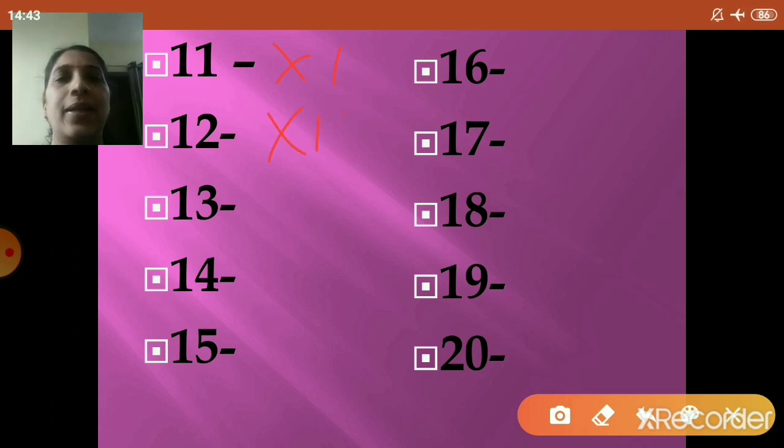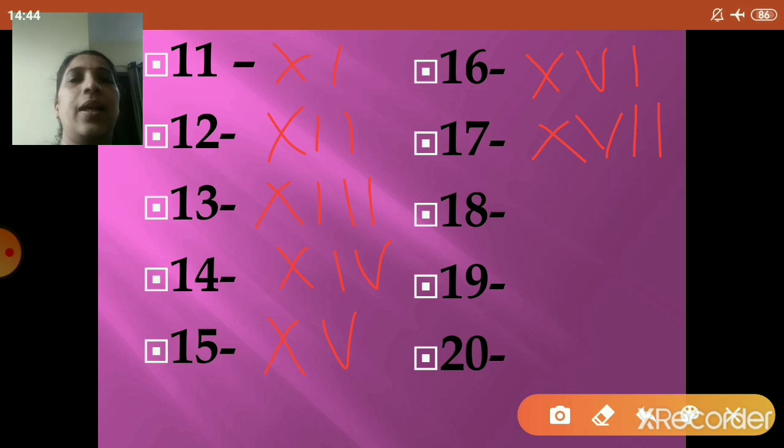So X and then 2 capital I, again X and 3 capital I, X and then capital I and then V. Then for 15, X and V. For number 16, X, V and capital I. 17, X, V and 2 capital I. 18, X, V and 3 capital I. 19, X and capital I and capital X. And for 20, 2 capital X. So these are the symbols you write for 1 to 20.